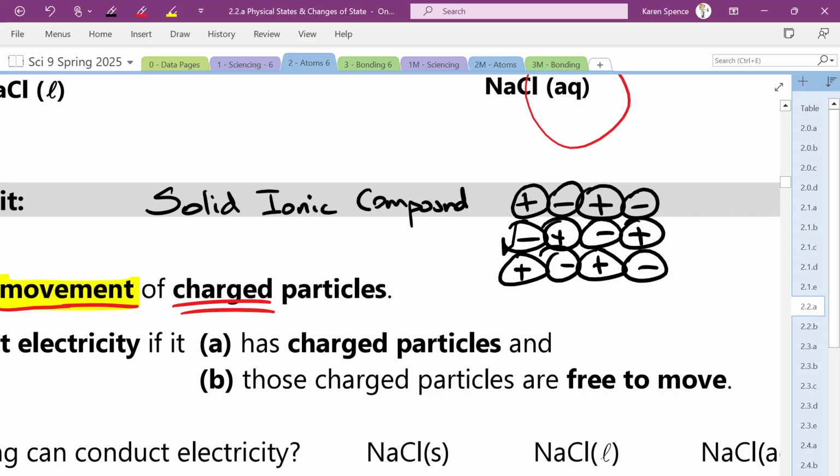Now I'm going to grab some copper sulfate dissolved in water. If it was copper sulfate dissolved in water, we would write CuSO4.